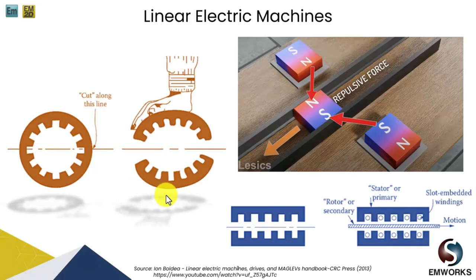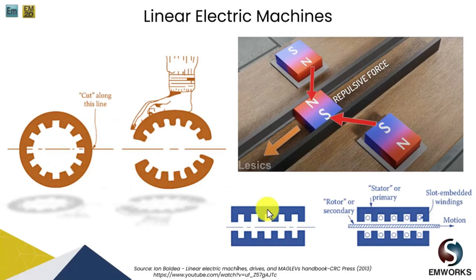When the primary of the linear machine gets excited by a balanced three-phase power supply, a flux starts traveling along the entire length of the primary. This linearly traveling magnetic field is equivalent to the rotating magnetic field in the stator of a three-phase motor or a synchronous motor.